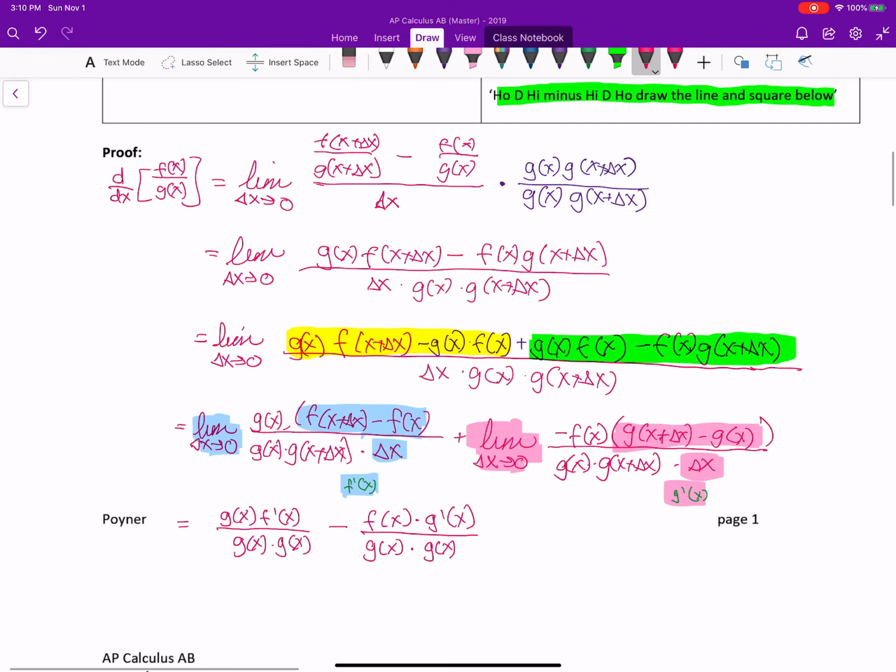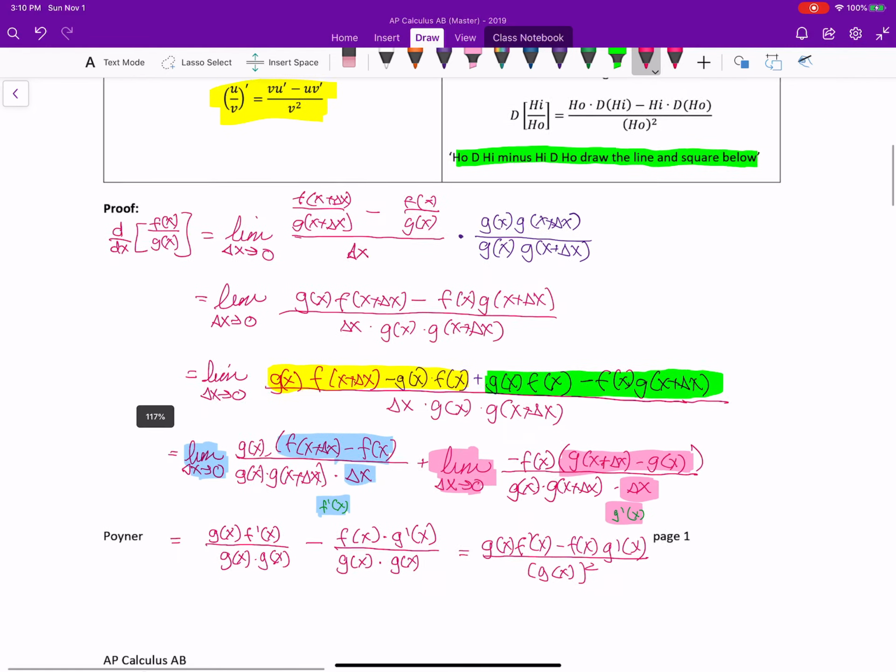Oh look, they have a common denominator, so I can write them as one fraction. In the denominator, it's going to be g of x squared. In the numerator, I have g of x times f prime of x minus f of x times g prime of x. And there you have it. We ended up with what we wanted to prove in the end.